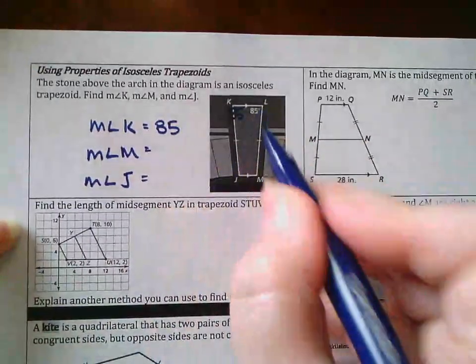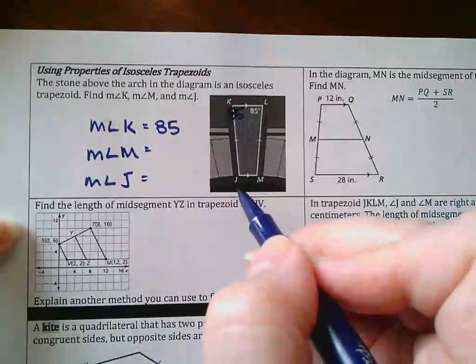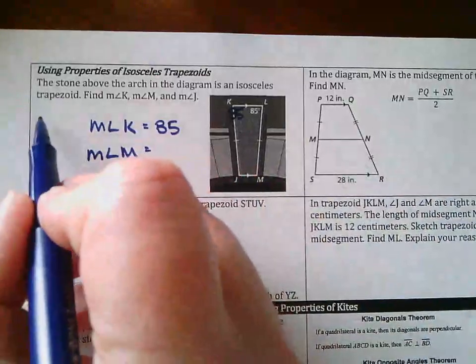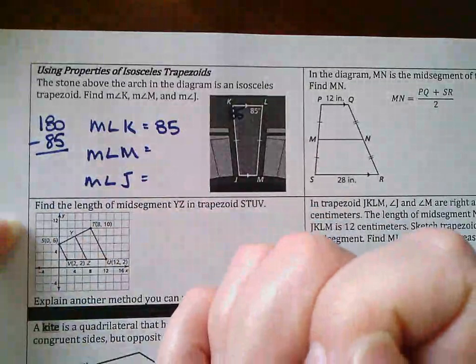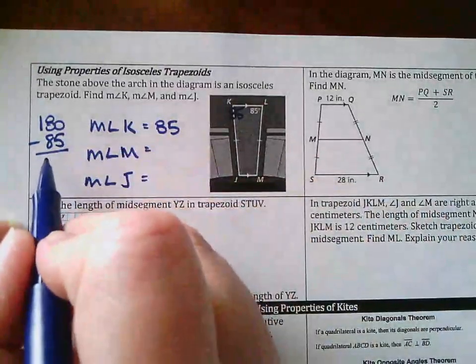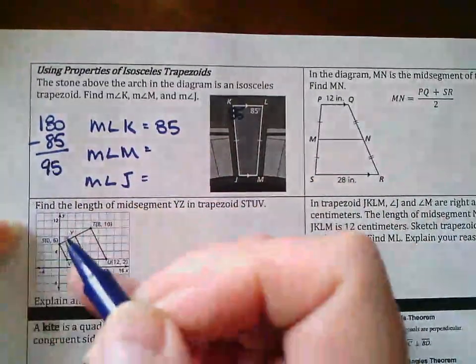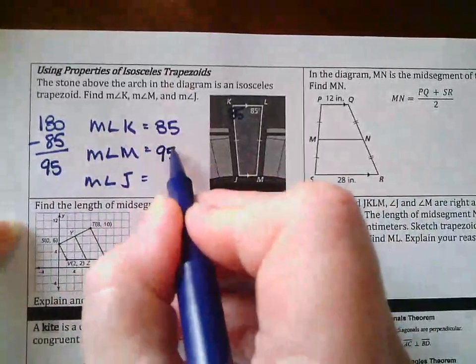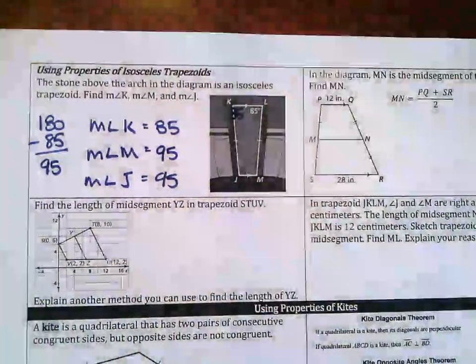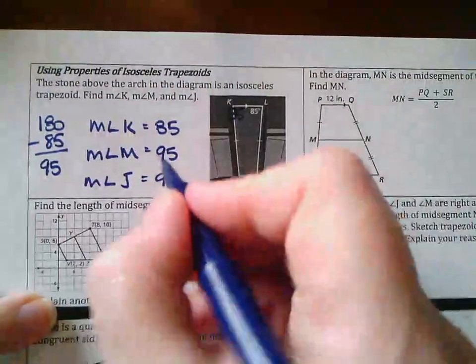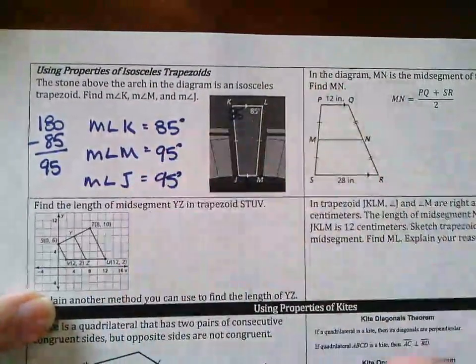So this is a supplement of this, and so is this. So 180 minus 85 is going to give me 95. And so this is 95 and 95. And now you have your degrees.